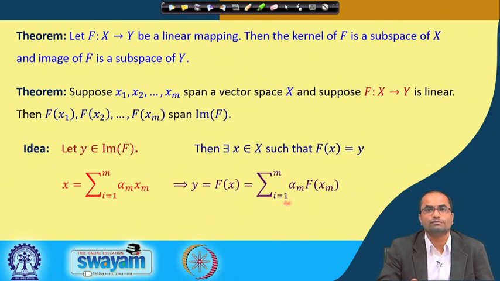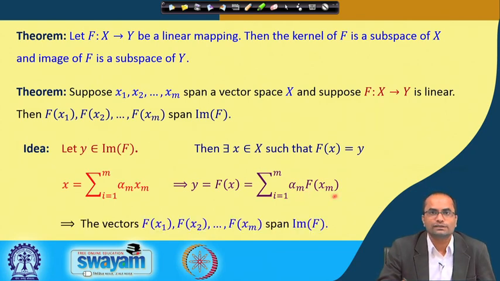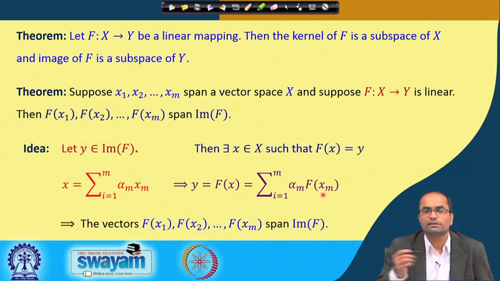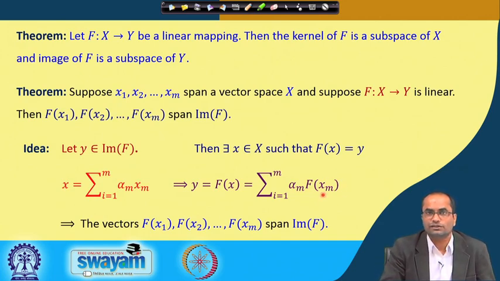Because of the linearity, we see that the element y has been written as a linear combination of the f x i's. Any element y in the image can be written as a linear combination of these vectors f x i's. Therefore, these vectors f x i will span the image of F.